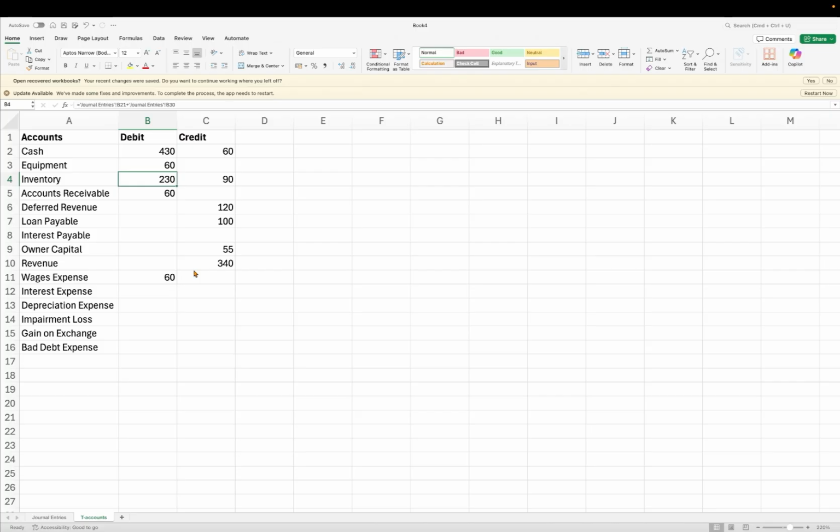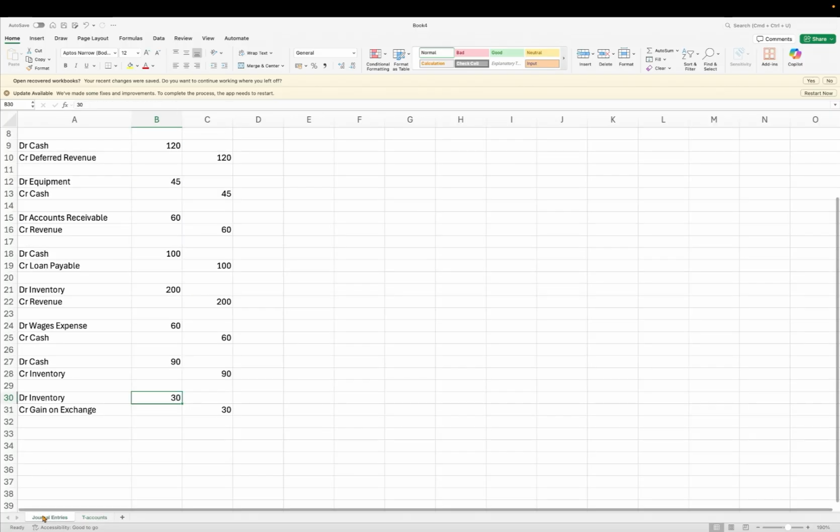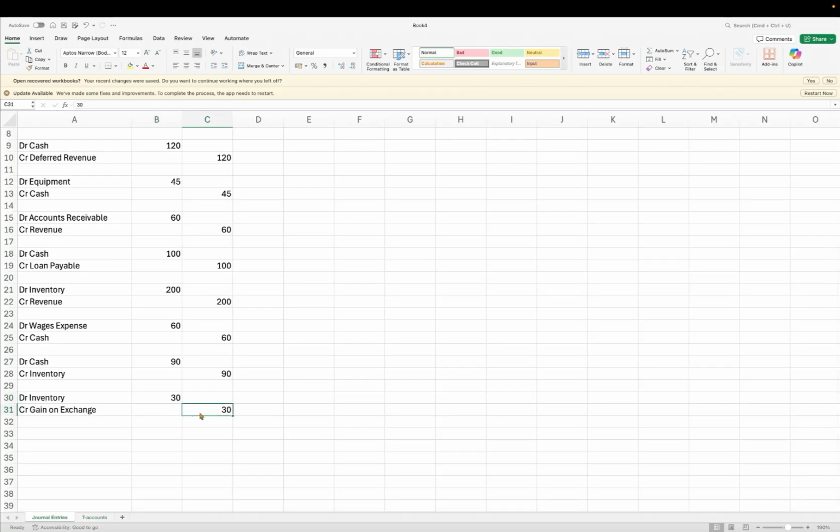Next, we've got the credit portion of the transaction. What we got here, yeah, the journal entry shows a credit of 30 to gain on exchange. The company received an asset worth 30 loot while giving up an asset recorded as 0 value.